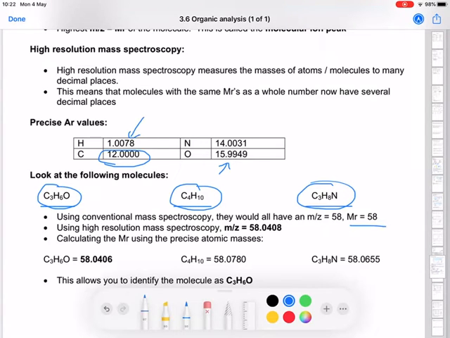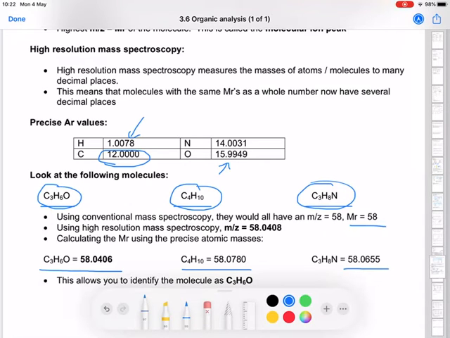So if we were to work them all out, we'd have 58.0406 for C3H6O. For C4H10, we'd have 58.0780. And for C3H8N, we'd have 58.0655.